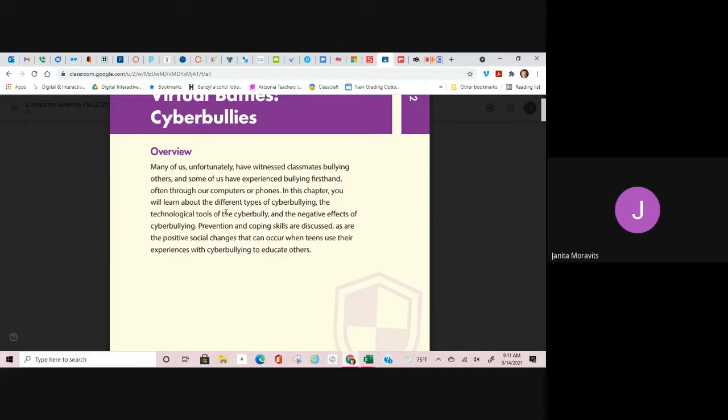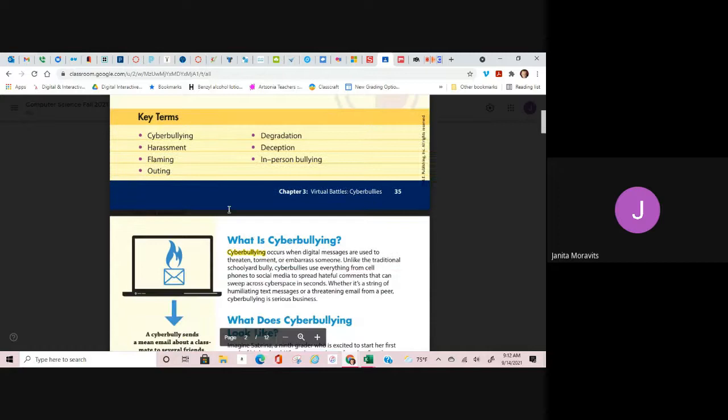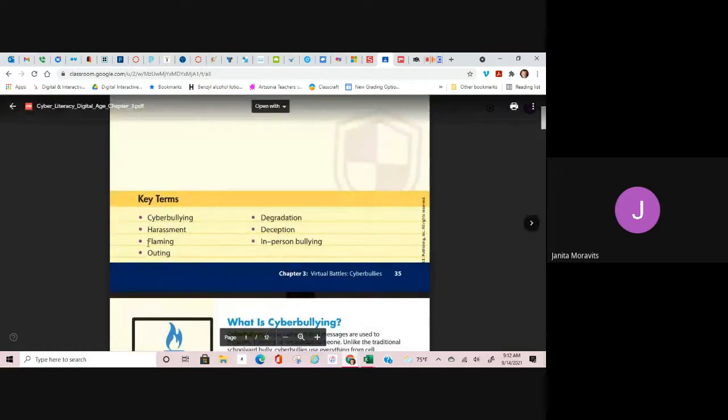So what we're going to do with this chapter is go over what all of these things are to make sure that you don't become part of the problem. And then if you see the problem happening, you know what to do to stop it. Your key terms are right here. You don't have very many of them this time. There's only, what, 7 of them?